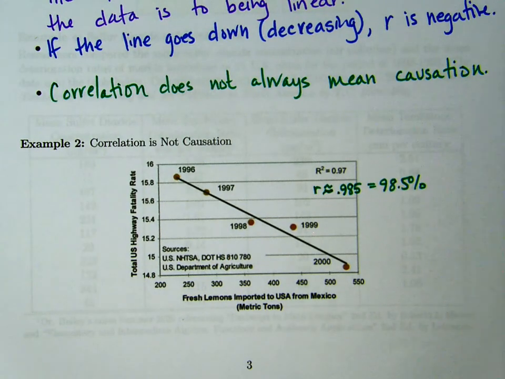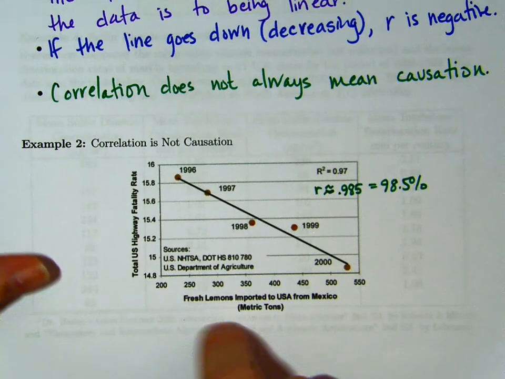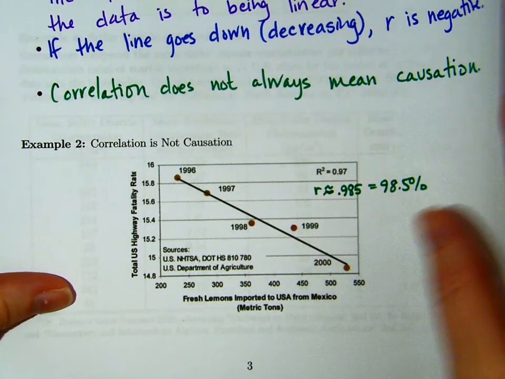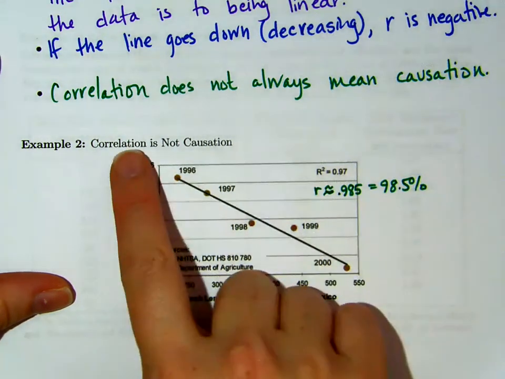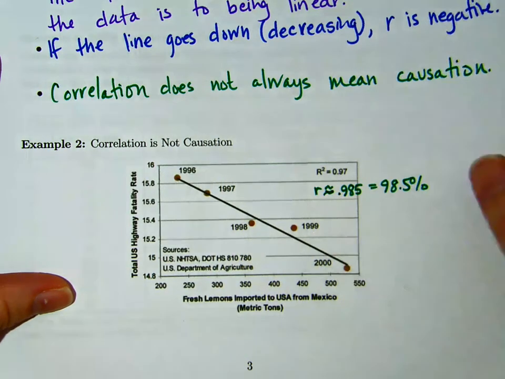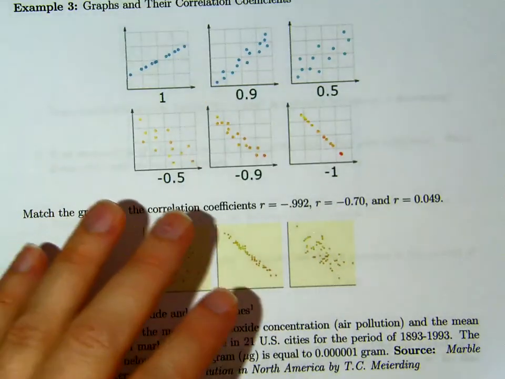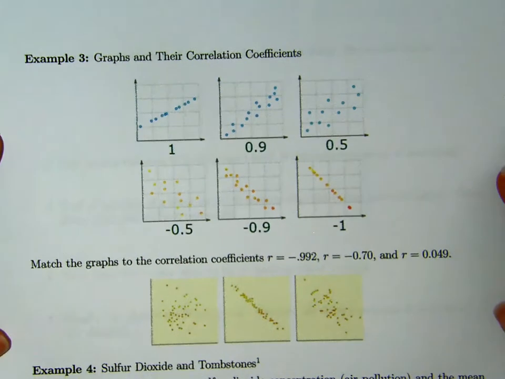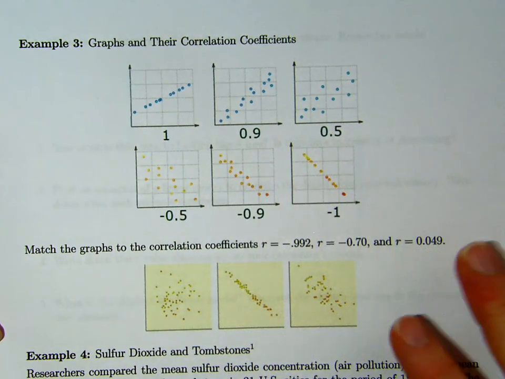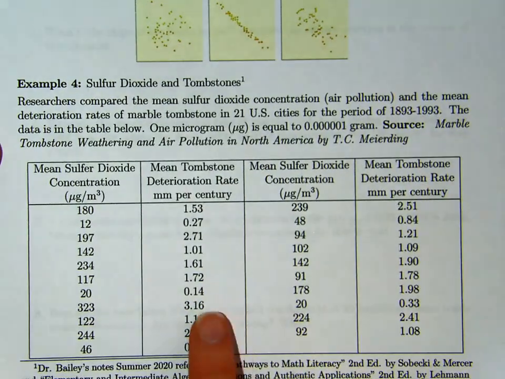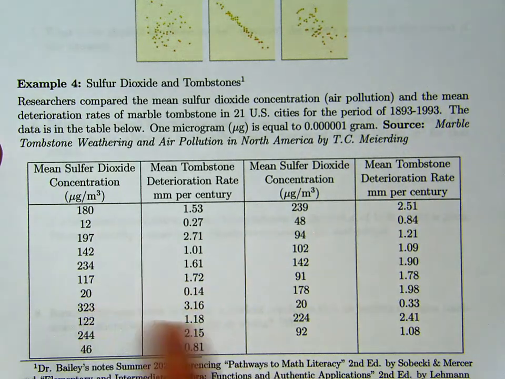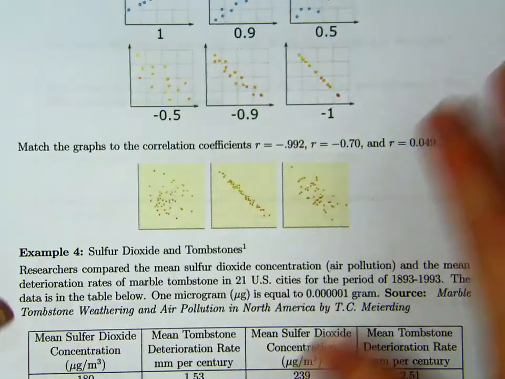No, come on, that would take a lot more evidence to support that claim. Okay, so make sure you're not mixing up these two words. In the next examples, we will take a look at this correlation coefficient, and we'll look at a massive data set that I recommend you put into your calculator before watching the next video.